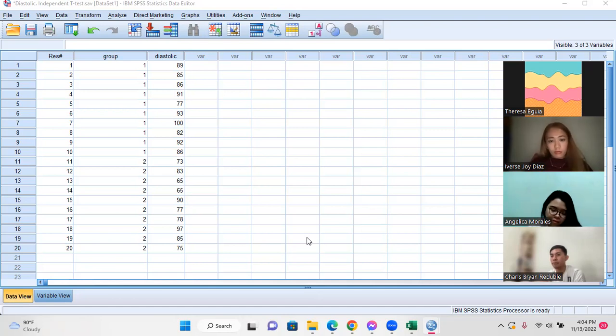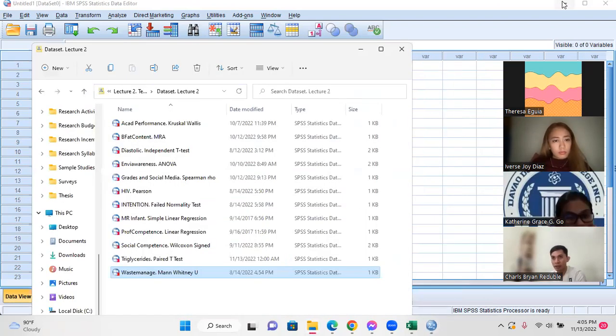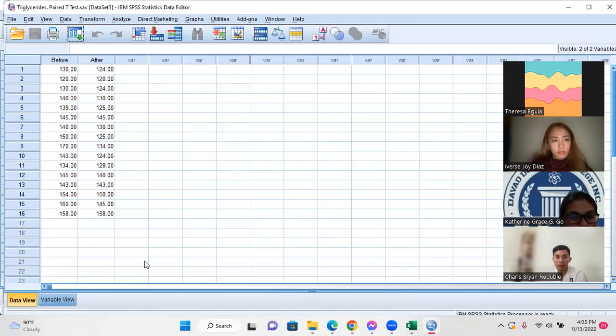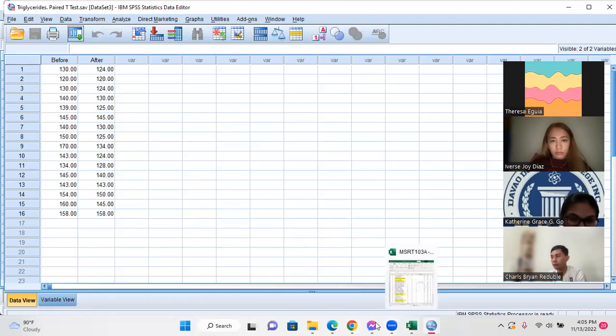Ma-open nyo ba? Yes. Pa kayo, nabubuksan nyo, ako hindi. Okay. So, balik tayo dito.